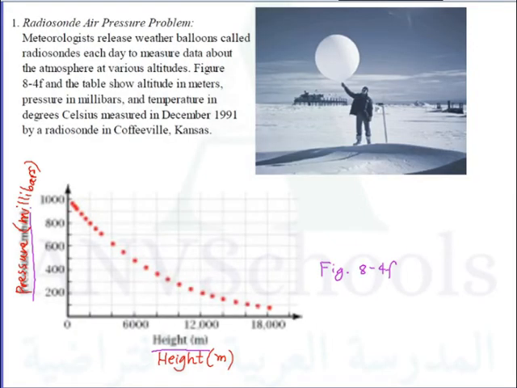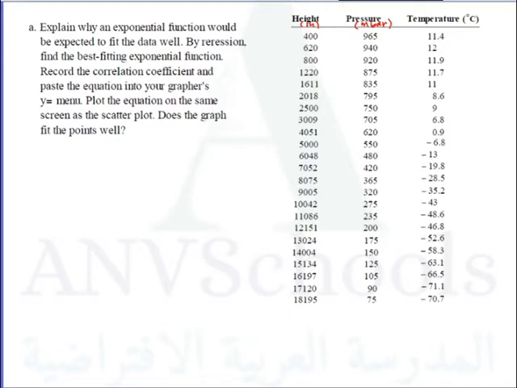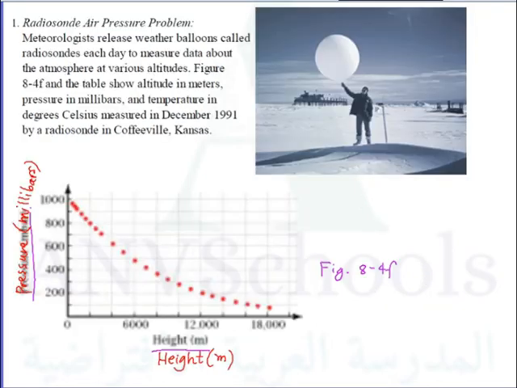So we're going to plot the height versus pressure graph on the grapher, as well as find the regression function for this scattered data.